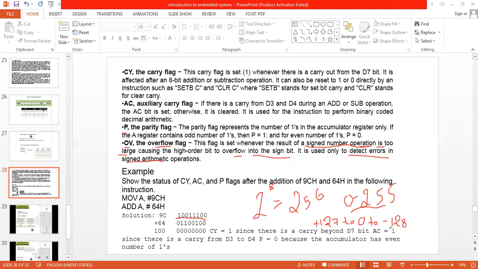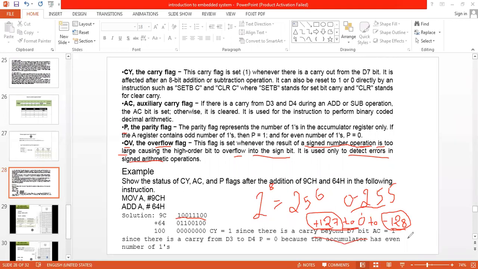These are negative numbers, and 0 can be considered as a positive number, but still it can be considered as both. Total here it is 127 plus 1, 128, and plus 128, so total 256.